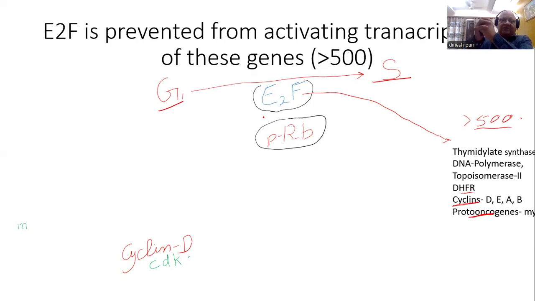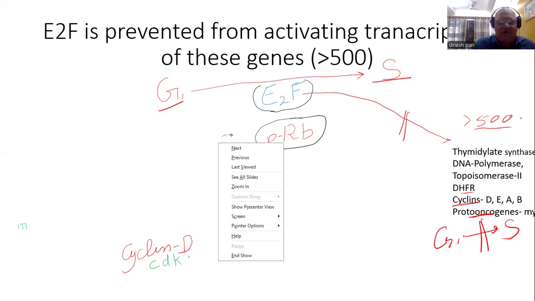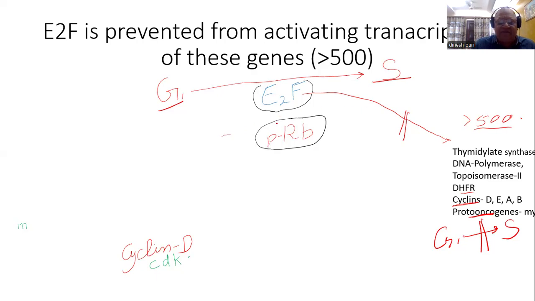So E2F is not able to activate all these proteins, resulting in inhibition of the G1 to S transition. This is how pRB acts. Now just assume, just visualize, if we dissociate these two, if we remove pRB, now E2F becomes activated, it gets free, and the checkpoint can be crossed.